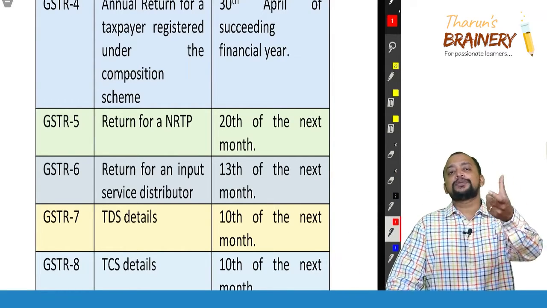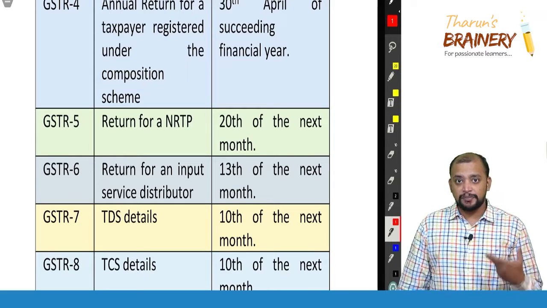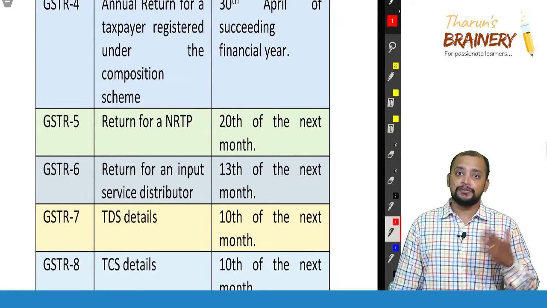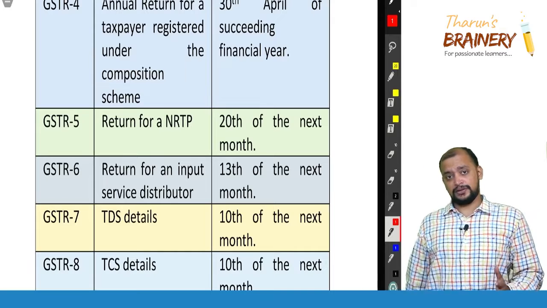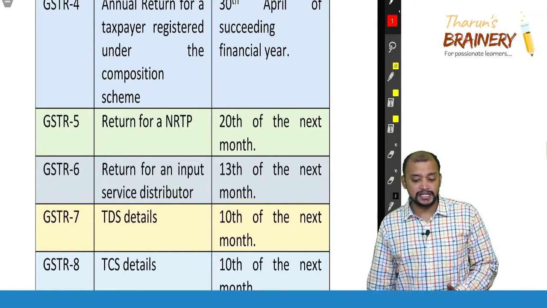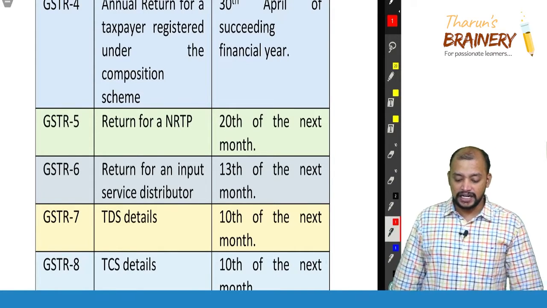NRTP who got temporary registration needs to file GSTR 5 by 20th of the month following every month, or 7 days from the expiry of registration, whichever is earlier.